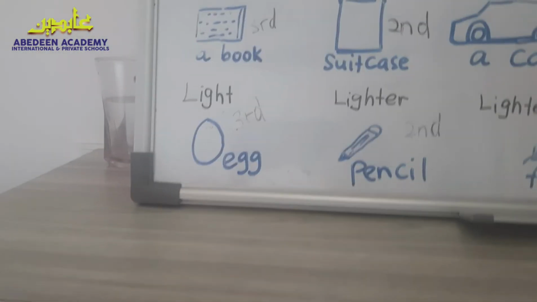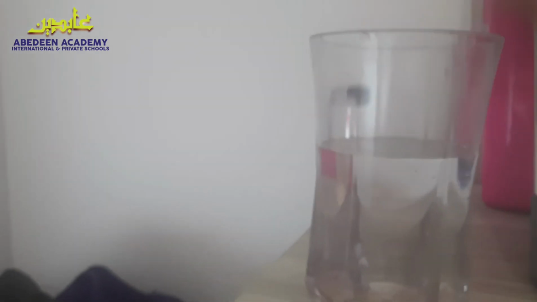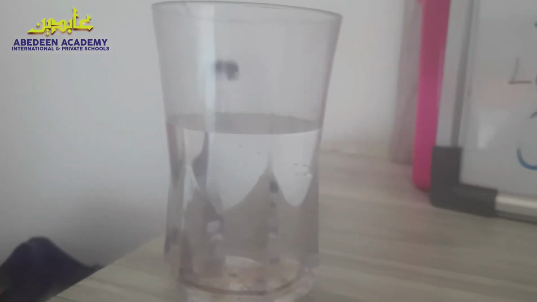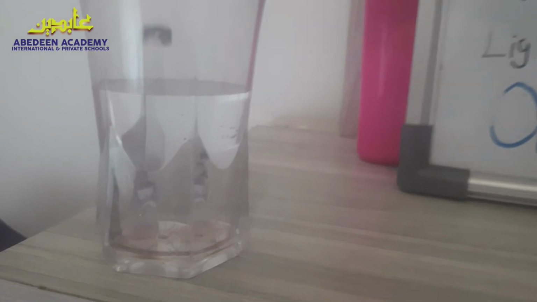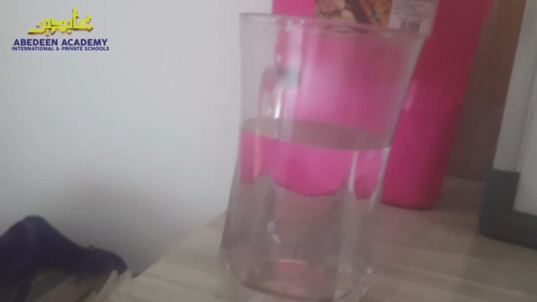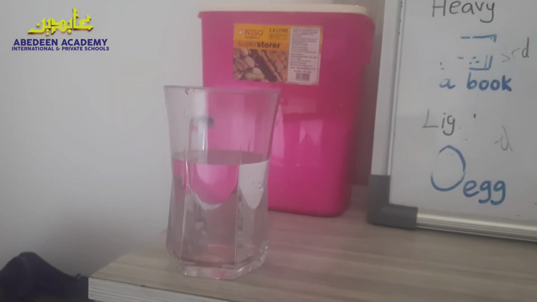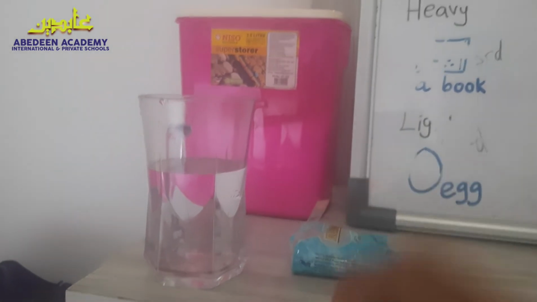All right, so here I want to show you three objects that I have. I have this cup of water. I have this container which contains 1 kg of flour, and I also have this simple tissue.